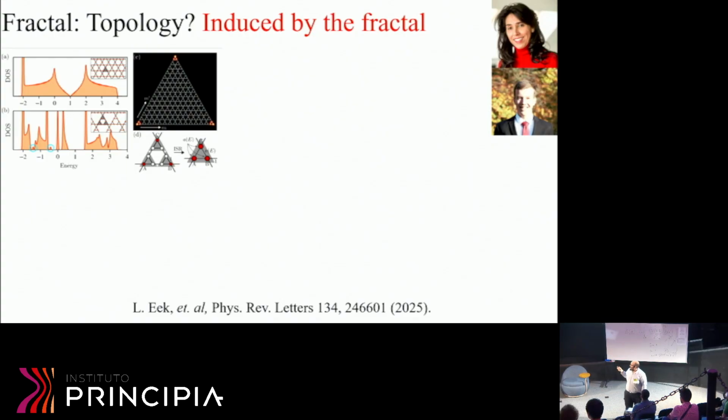This is a bit complicated analysis, and I really recommend you take a look at the PRL if you're interested. There is a way to show that the physics of this problem is very similar to that of the Kagome lattice with dimerization. So you introduce this multifractal property of your system, and it introduces some new physics.